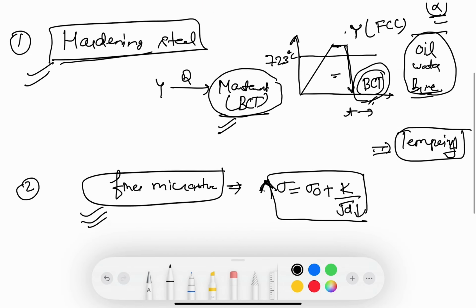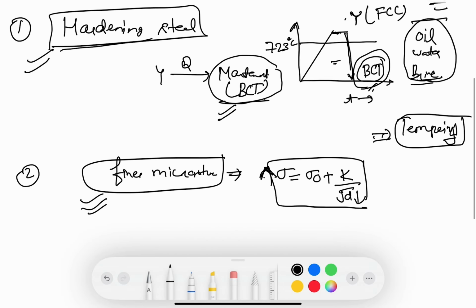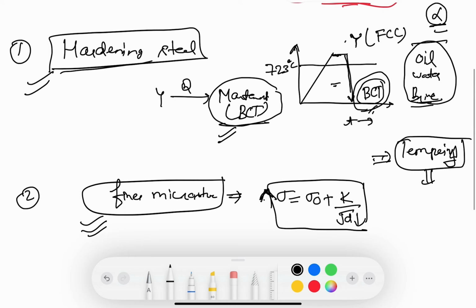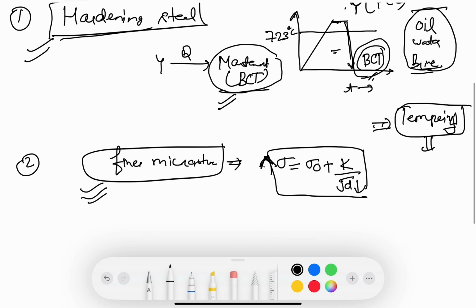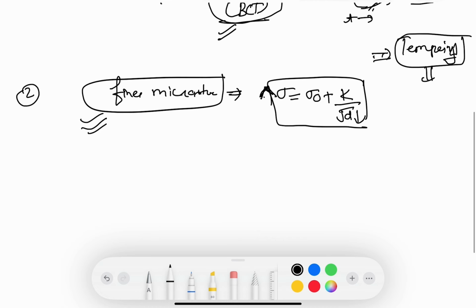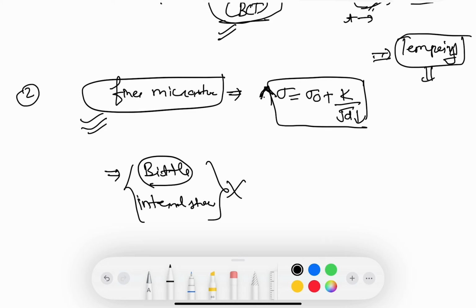All right, so let's talk a little bit about tempering here. You get this hardened steel, but the main disadvantage of the quenching process is that you get a brittle material and at the same time you have created internal stresses in the material. To remove these two things, you need to do a tempering heat treatment.